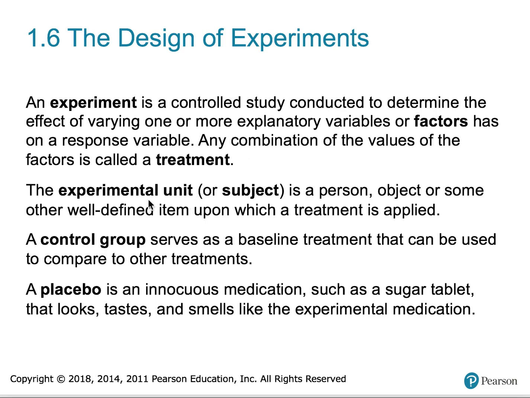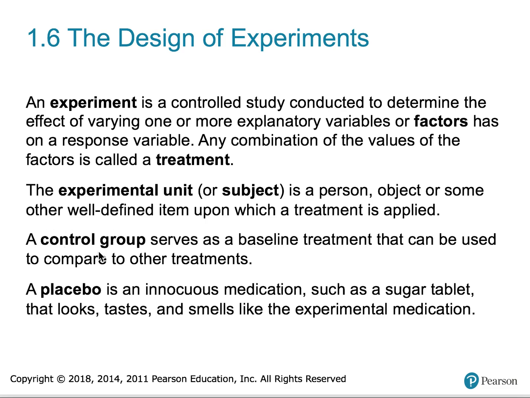The experimental unit or subject is a person, object, or some other well-defined item upon which a treatment is applied. We often refer to the experimental unit as a subject when it refers to a person. The goal in an experiment is to determine the effect that various treatments have on the response variable.